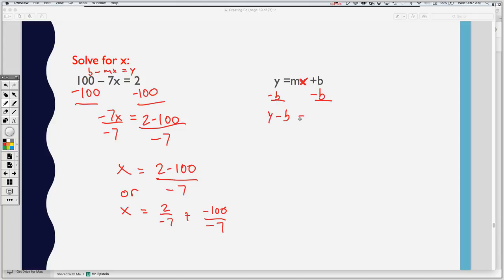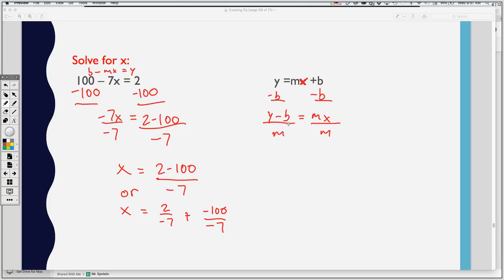Now, almost getting x alone. What do I have to do now? Not by mx. What do I want to move? By m. Okay, divide both sides by m. Make sure you put this division line all the way through. So we have y minus b equals mx. Divide by m.